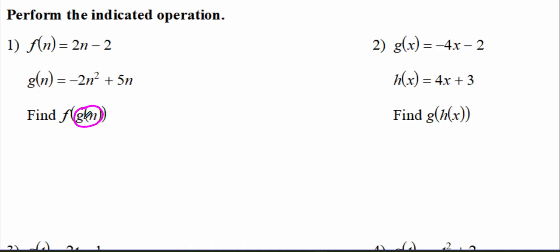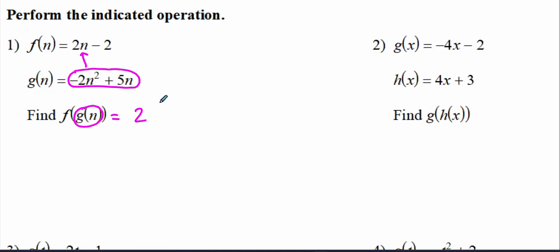I take this expression and plug it into F, meaning you plug it into wherever you see the letter n, the variable, in the other function. But this is a pretty straightforward, simple problem, because there's only one place to plug in. So this answer here is really, really simple.